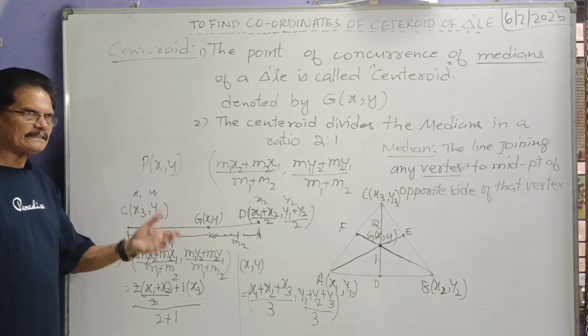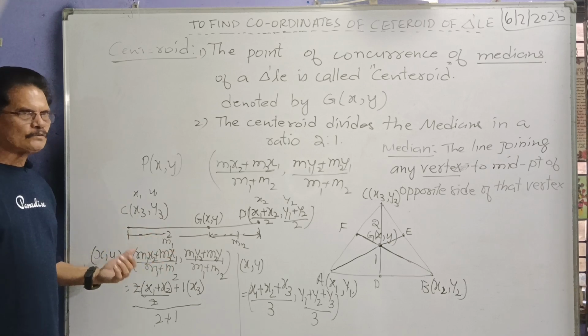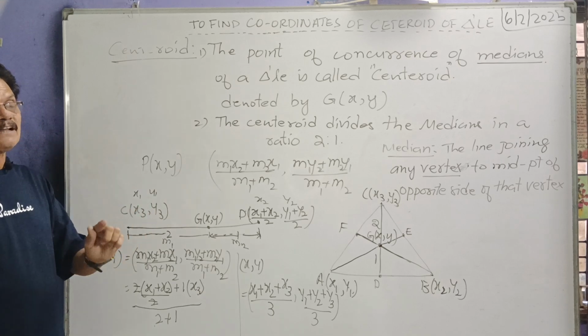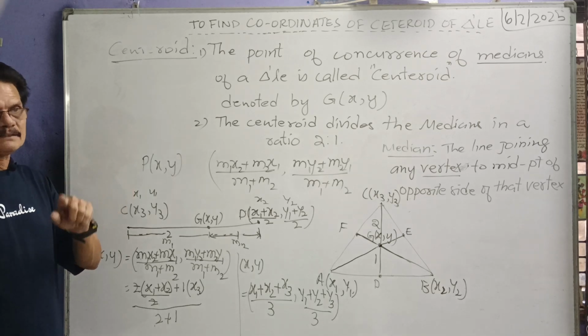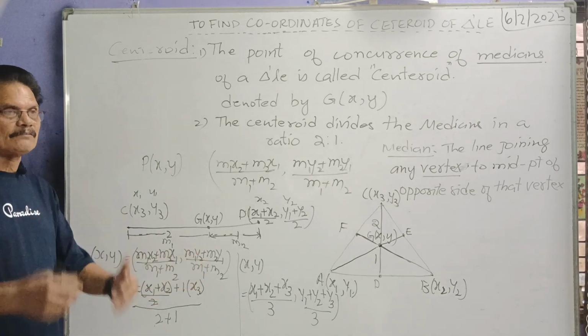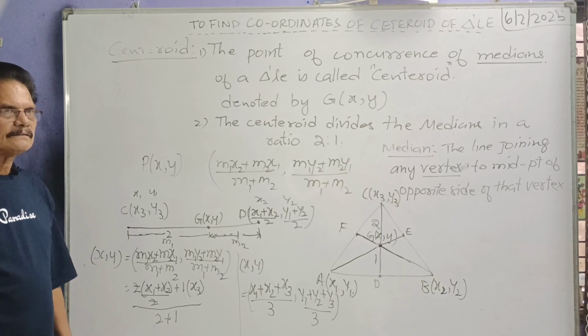Once again, the centroid is also a ratio point. So what is the formula of the ratio point? The ratio shall be taken as m1:m2, not m:n. That makes understanding and remembering the formula easier.